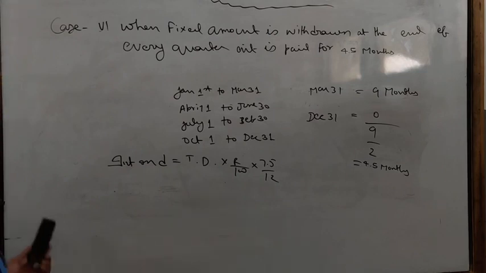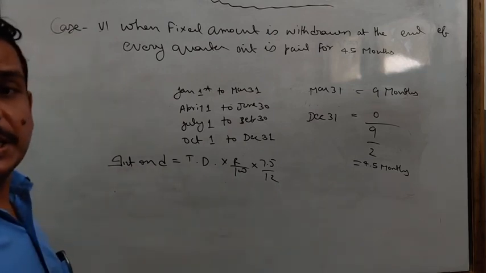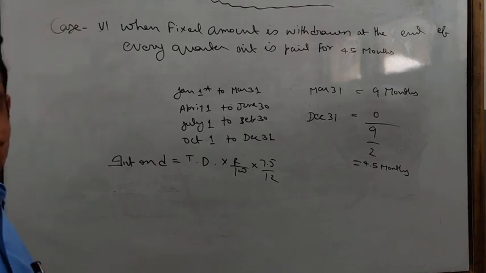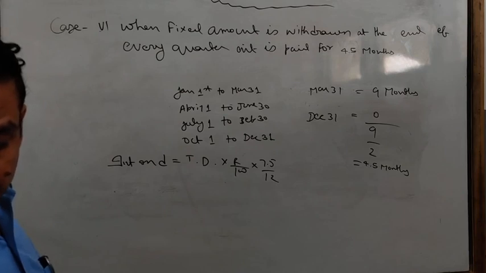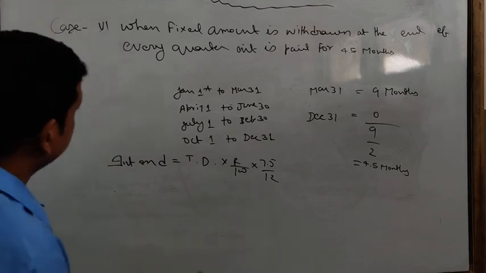on page 2.42. This is case 8 and we are going to deal with the situation when different amounts are withdrawn at different dates. For that purpose one table is required to be made. So I am solving this over here so you can come to know about it.